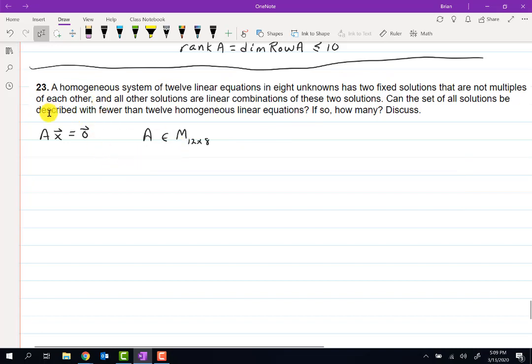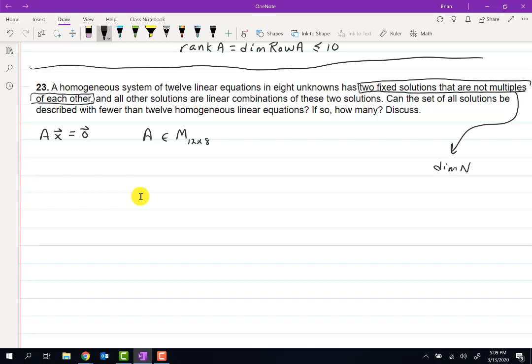So if that's true, what they've told me here, two fixed solutions that are not multiples of each other, tells us that the dimension of the null space is equal to 2.